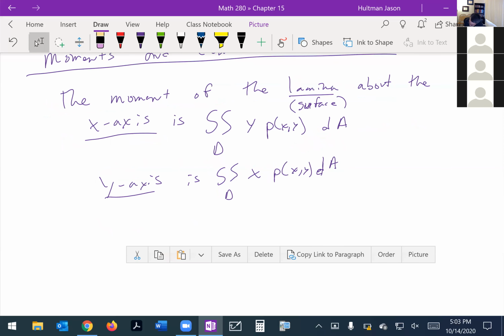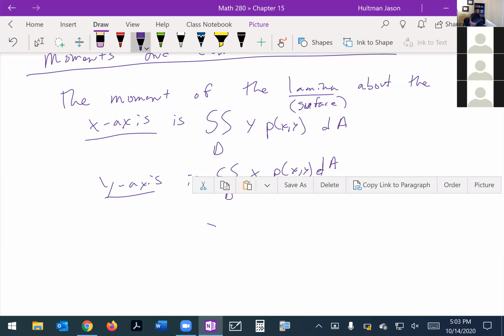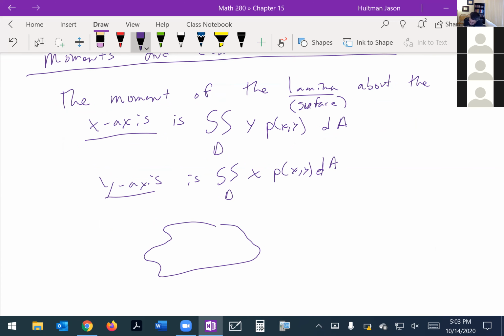Now the center of mass. Let's think of this lamina. We have a point (x, y) here, and the center of mass, which we call x bar, y bar, is the average of all the x's and the average of all the y's in two space.